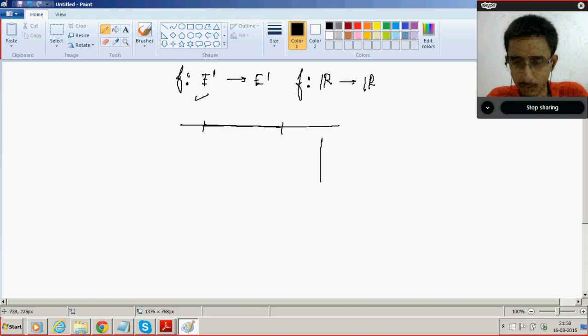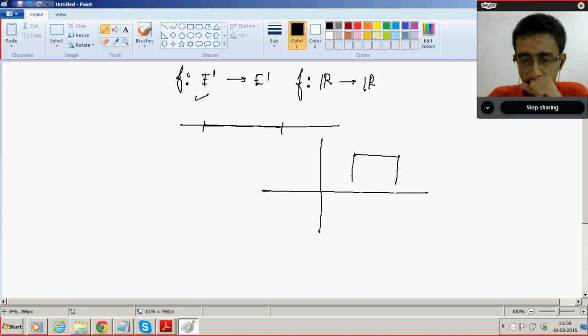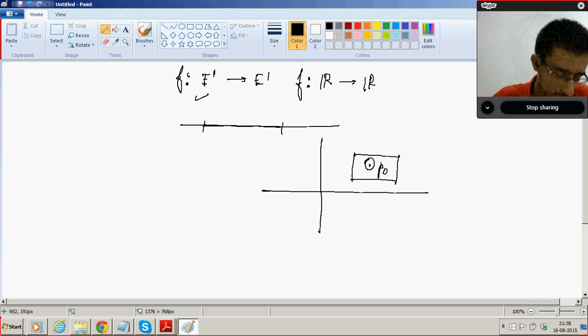So supposing we were to discuss continuity on a plane, then a spherical neighborhood would be a small disk about P0. Okay. In general, if you were to study topology, then the neighborhood could take a form like a square.